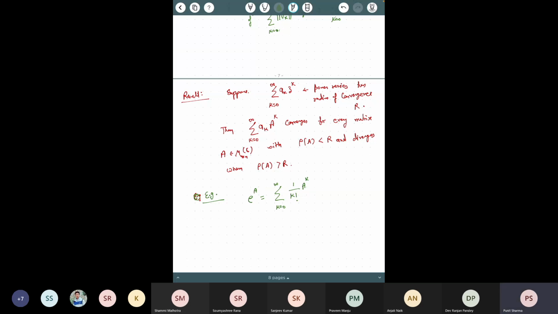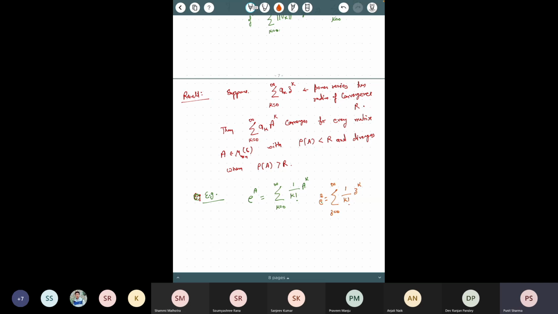And why is this true? Because of the previous result. If you look at this series, what is the corresponding series in scalars? It would be this one. Now you can tell me what would be the radius of convergence of this? This is simply the series of e to the power z, right?